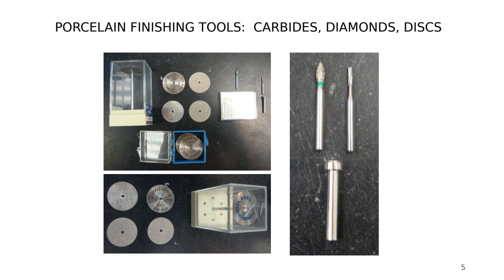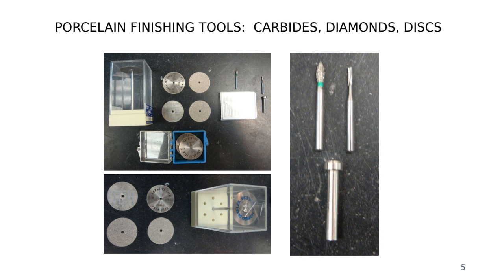But keep in mind the discs come in different thicknesses. They might have one or both surfaces abrasive, meaning the diamond coating. They might be flexible, so they might be very thin and they can flex. And also the diameter can be smaller or larger.